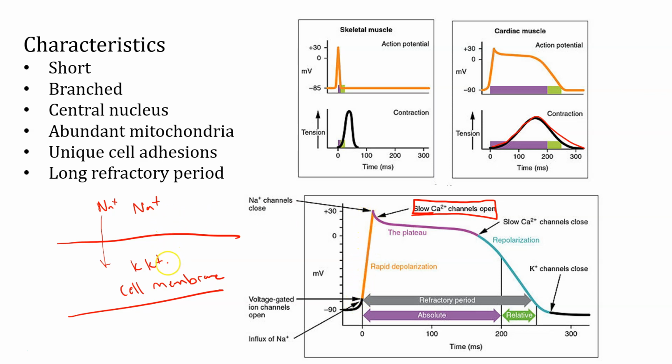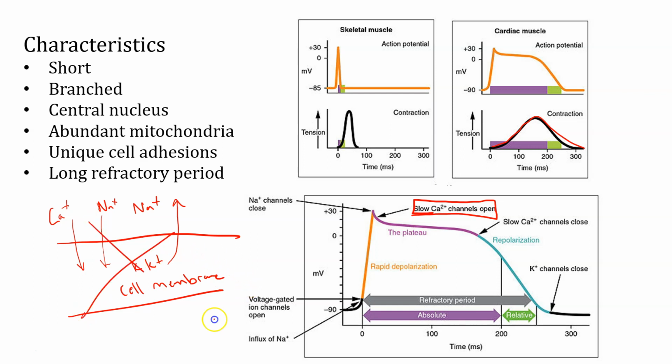Then the potassium comes out, which would be the repolarization. But in this case, as the cell is trying to repolarize, calcium ions come back into the cell, and it makes the repolarizing effects of the potassium efflux limited.